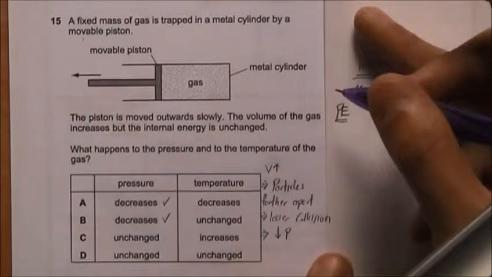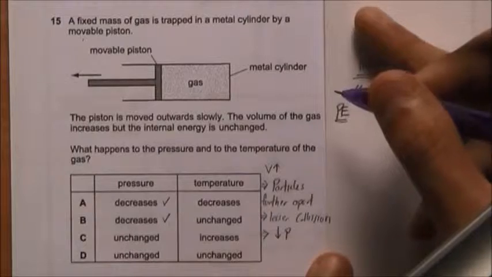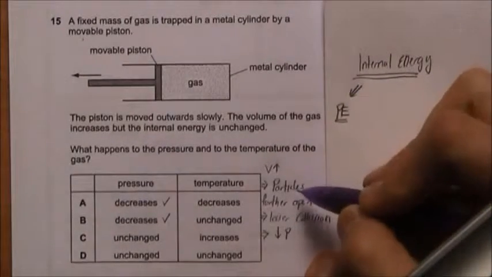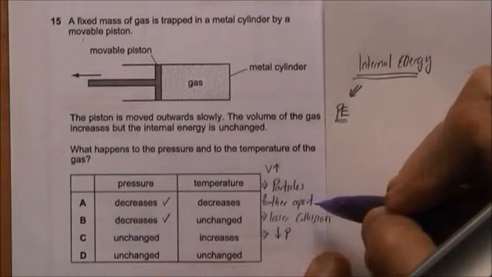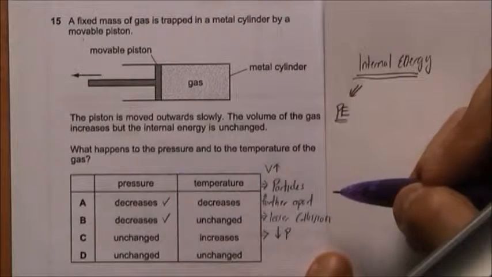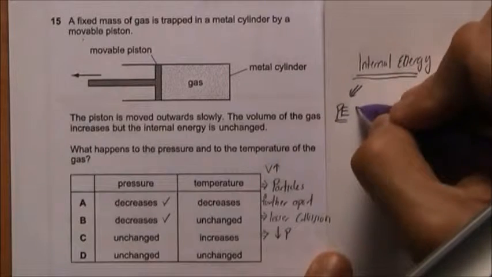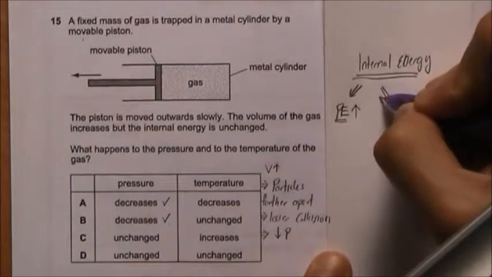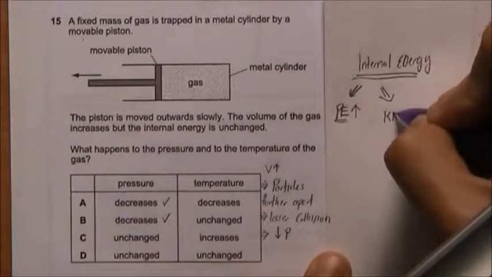So the larger the spacing between the particles, the larger the potential energy. So since the particles are being pulled further apart, the spacing between them will increase, so the potential energy will increase. And the second component will be kinetic energy.